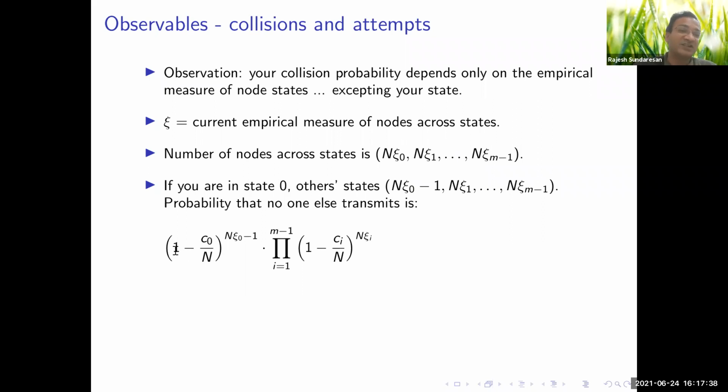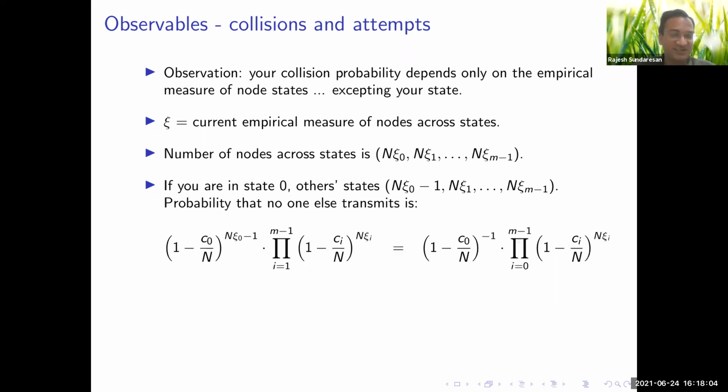The chance that one of the nodes in state 0 doesn't transmit is 1 minus C0 by n, and there are this many of them, so you raise it to that power. And do the same for all the other nodes in different states. For each state, there are n xi nodes in that state. And that gives you the probability that nobody else transmits in this particular slot when you're considering transmission.